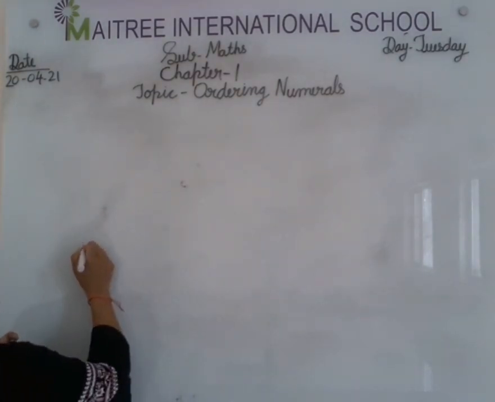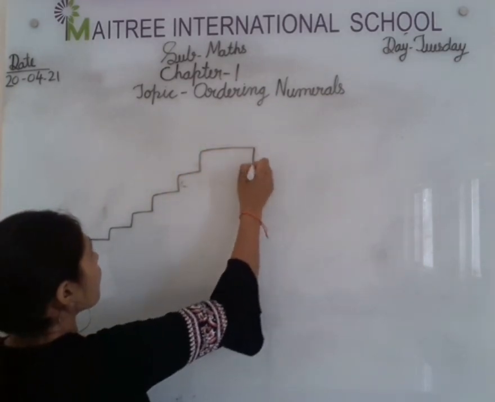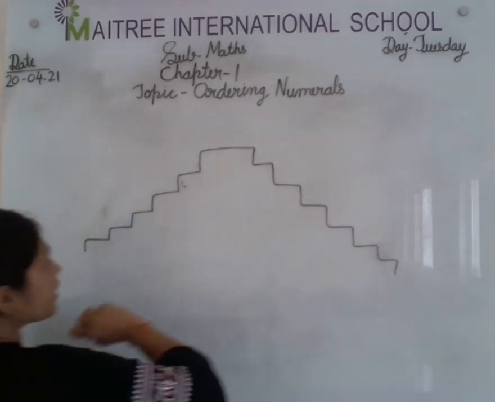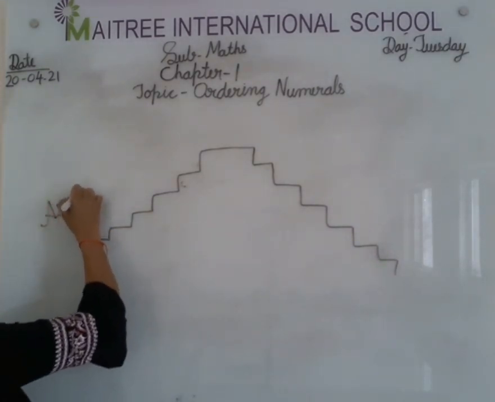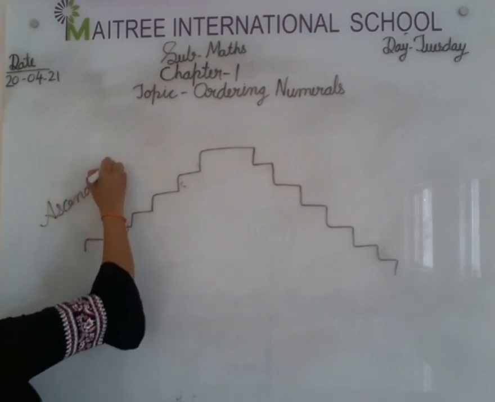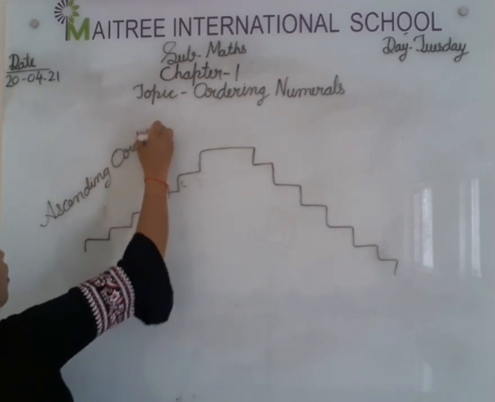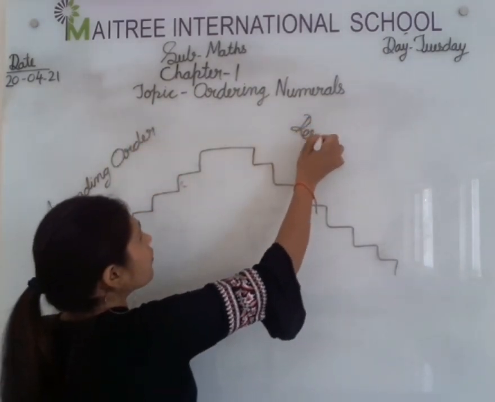What are the two types? Ascending order or descending order.